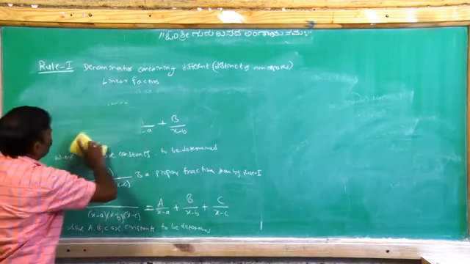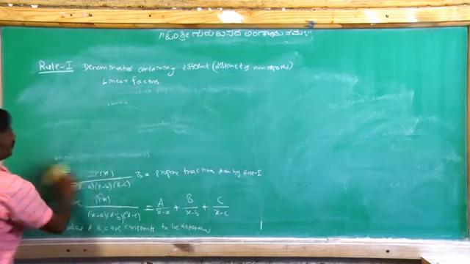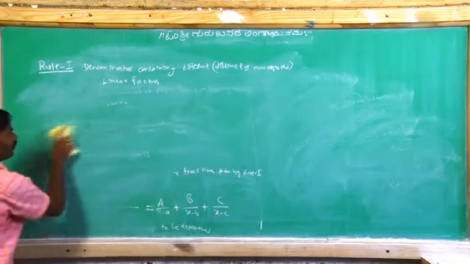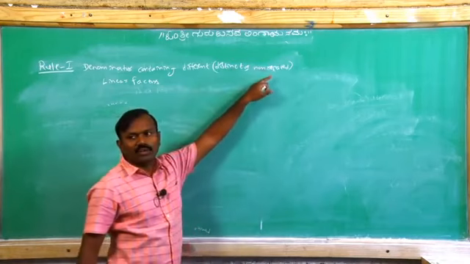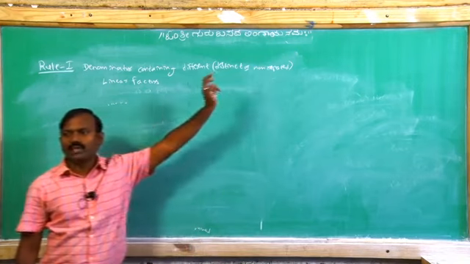Yes, when we use rule 1, the denominator contains different, or distinct, or non-repeated linear factors, but the fraction must be a proper fraction.